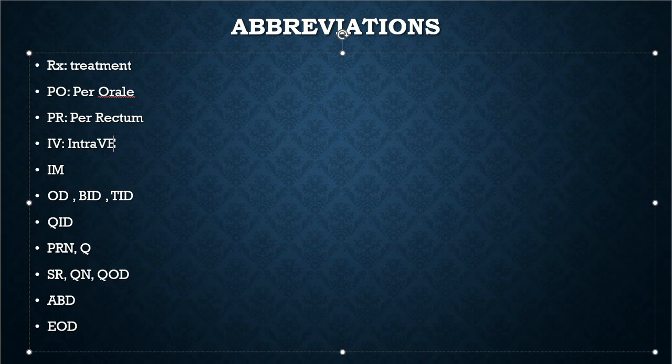IV, intravenous. IM, intramuscular. So these are the usual routes, and we can have subcutaneous. Now, OD, once daily. BID, twice daily. TID, 3 times daily. QID, 4 times daily.